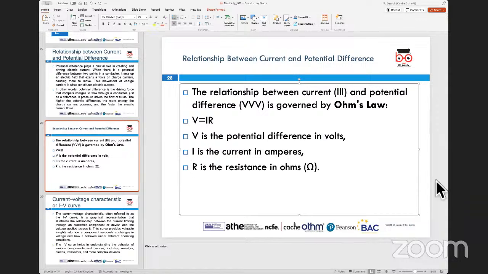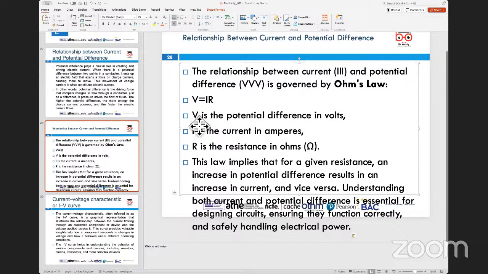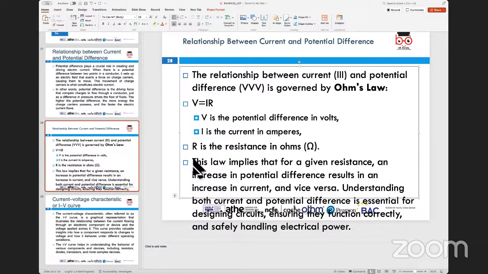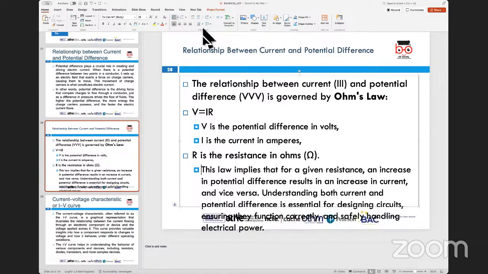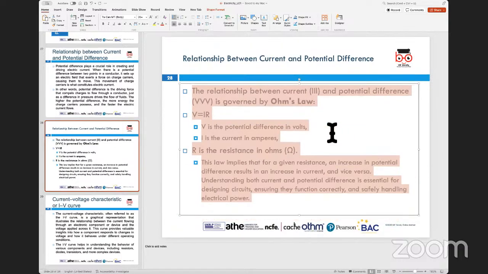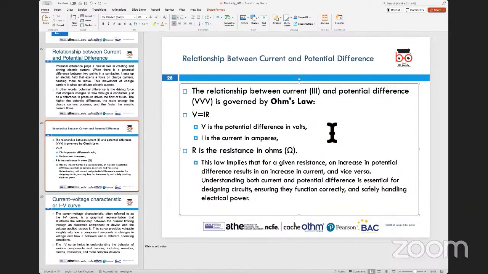V is the potential and this is the law which basically applies and explains the relationship between current and potential difference.